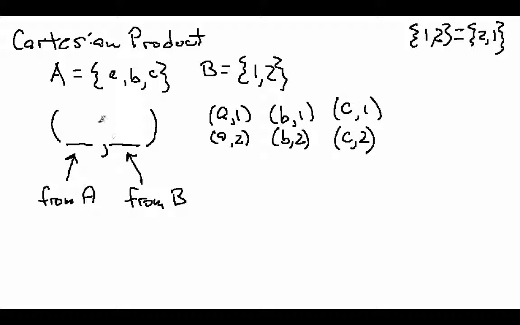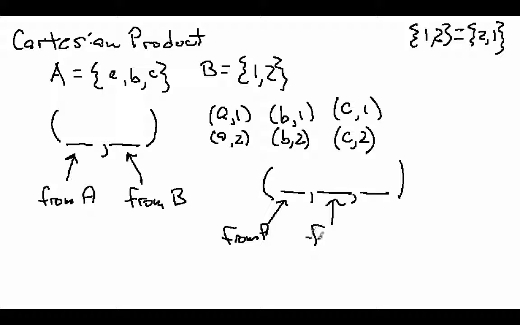Now I could certainly extend this beyond 2 coordinates. I could have 3. I could come over here and this could be from A. This could be from B, and this could be from some other set.